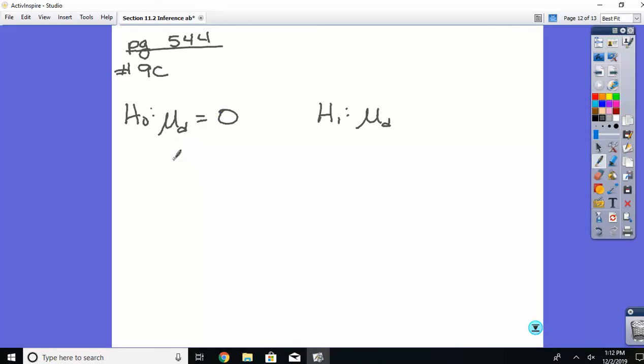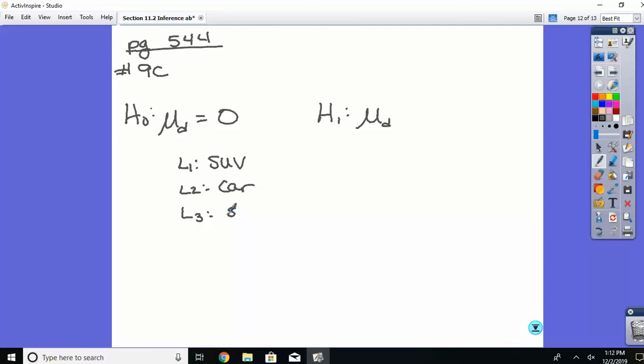But if you make your L1 the SUV, and you make your L2 the car, and we want to know if the car is higher, then you have two options.